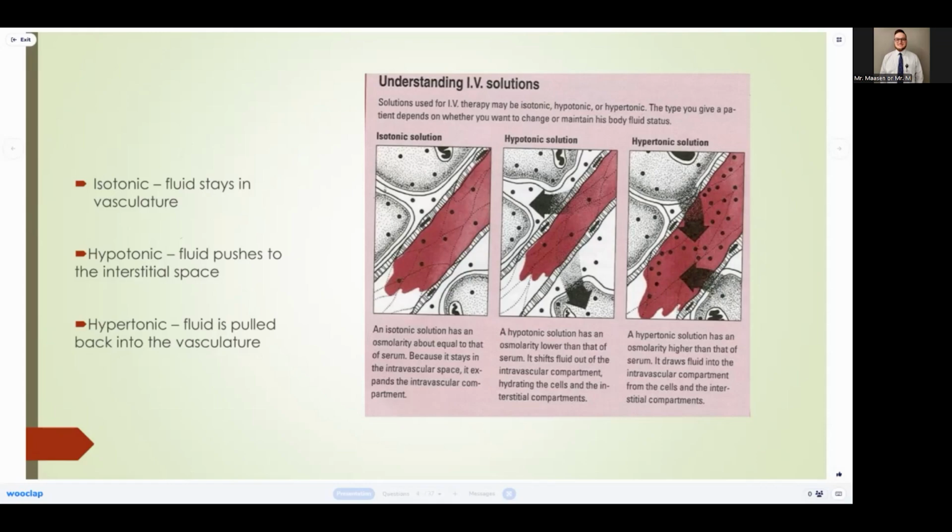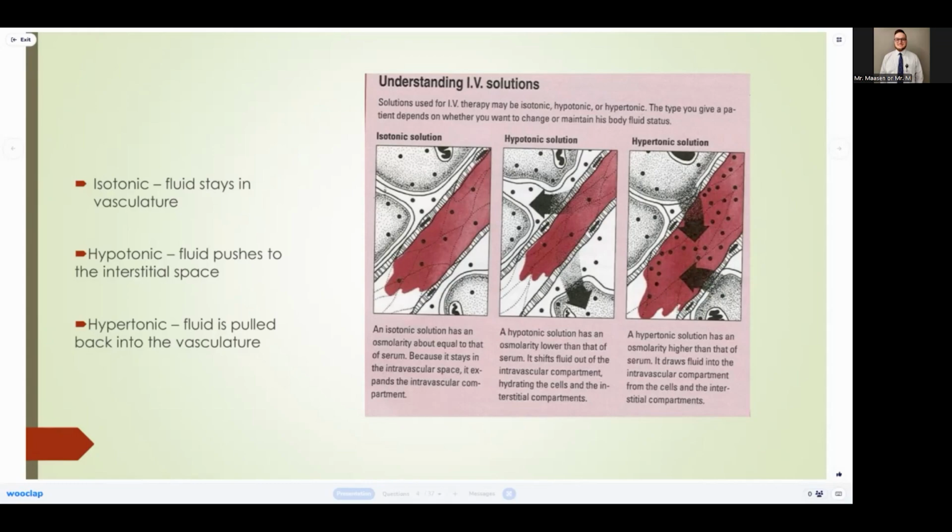Basically, fluid for IV solutions is going to come in three flavors: isotonic, hypotonic, or hypertonic. You should know what hypo and hyper as a prefix mean, but just to refresh, hypo is low, not enough of something. Hyper always means high or more of something.